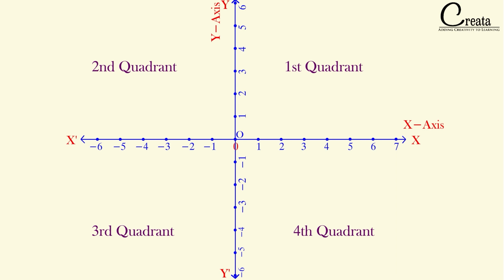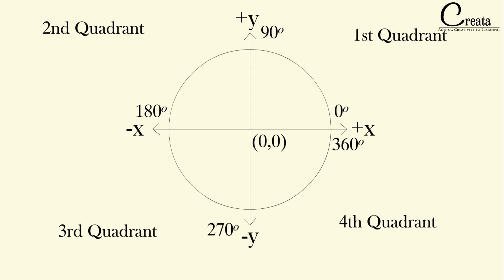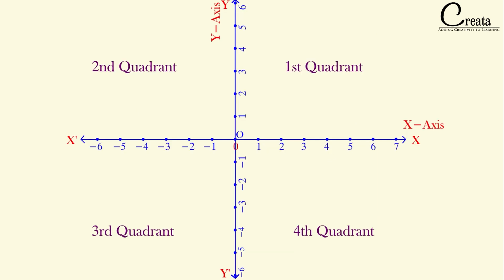The same fundamental we have also used in the trigonometry, where we have done the coordinate system and the trigonometric values as per the different coordinate system. Same fundamental we are using here also. If we talk about the first quadrant, here x and y both will be positive, so we can write plus x and plus y.